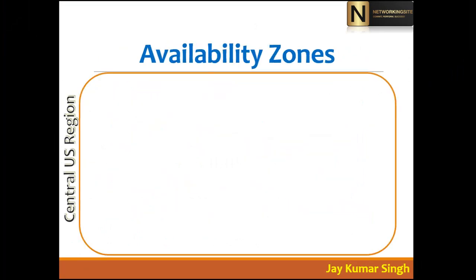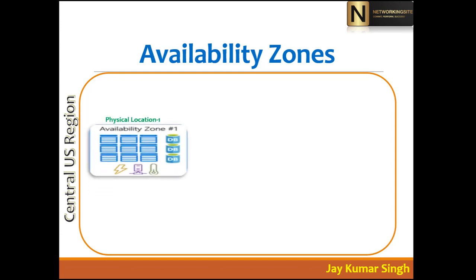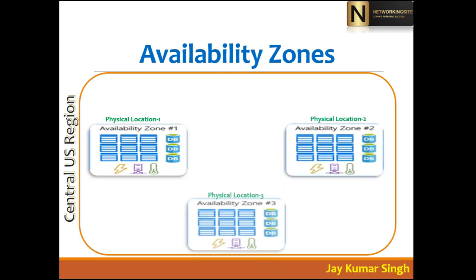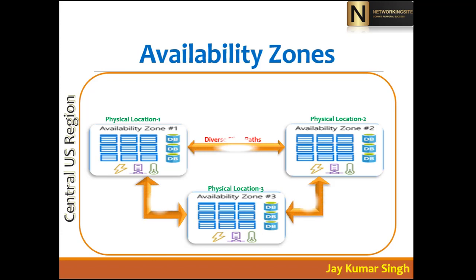So let's look again at this availability zone setup. These availability zones are separated in three locations, like you can say the region is separated into three locations: availability zone 1, availability zone 2, and as I told you, they are connected with a diverse fiber path.